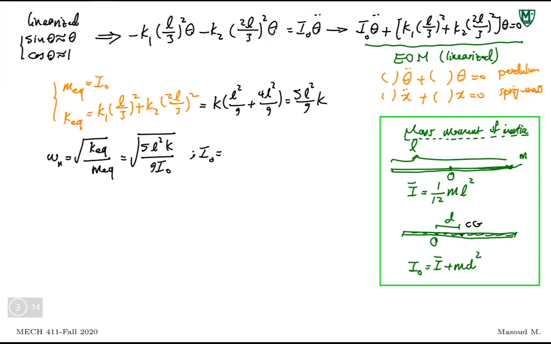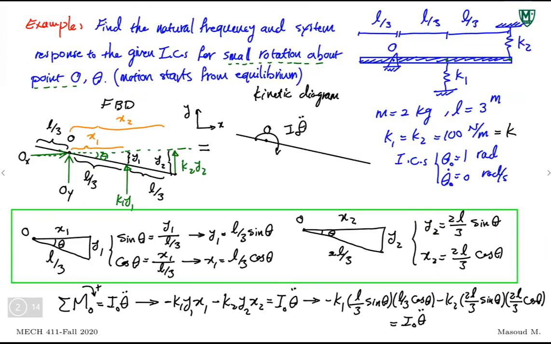So knowing this, what is I_O for us in this case? Well, we have 1/12 ml squared. We're given the mass and the length of the bar. Plus, what do we get? We have m times d squared. What is d here? If the center of gravity is in the middle of the bar, and it's L/2 away from this side, this is d.